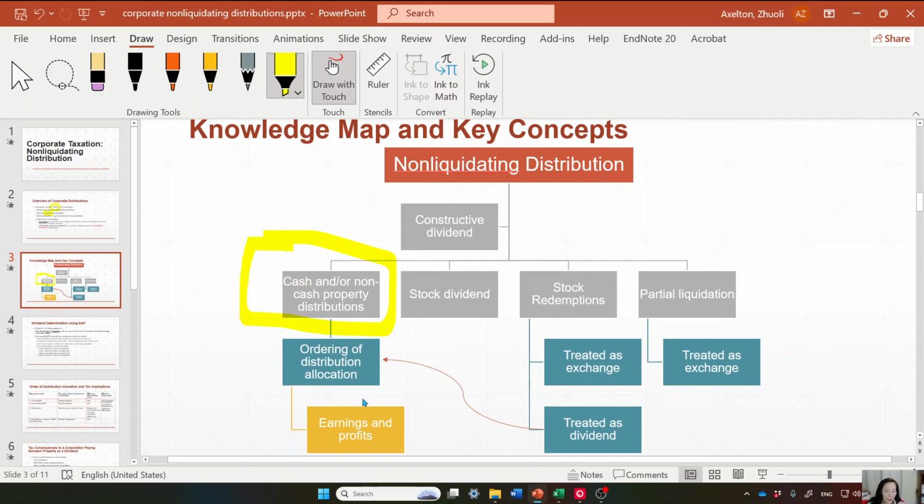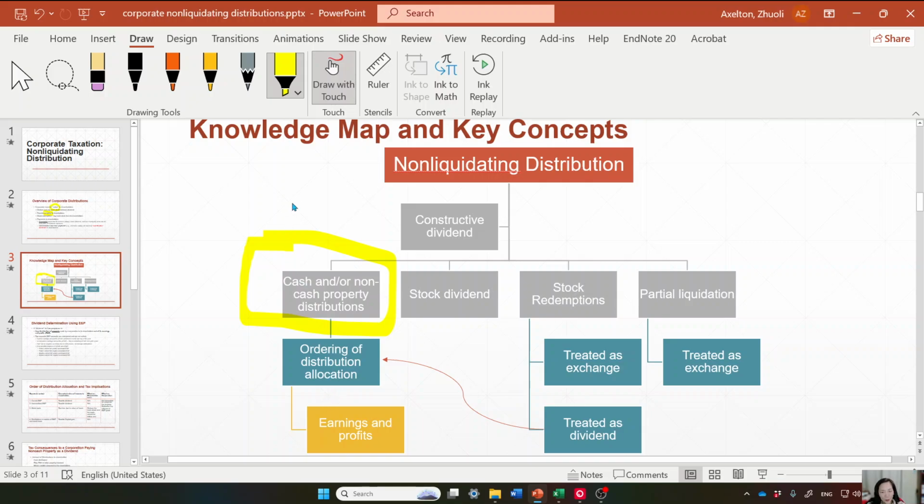So basically, later on, some of the additional adjustments, non-cash deductions and tax-exempt income, get added back to make sure the earnings and profits is closer to economic income, for the sole purpose of determining whether the distribution is characterized as a dividend, a return of basis, or capital gain.